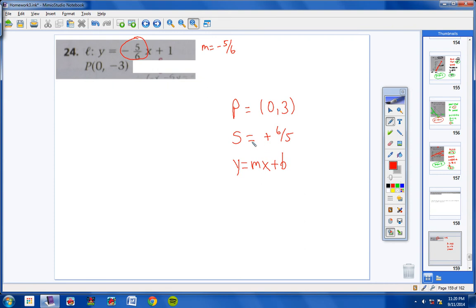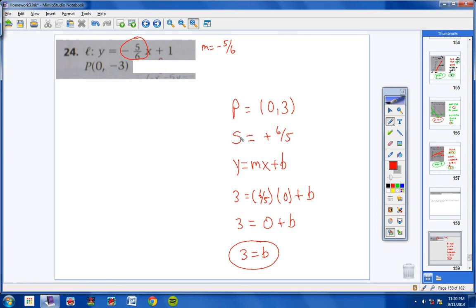And there, we're good. We have our slope, we have our point. So where y is, I will substitute 3. Where m is, I will substitute 6/5. Where x is, I will substitute 0. And here we go. 6/5 times 0 is 0. And 0 plus b is b. So look, I know what b equals.